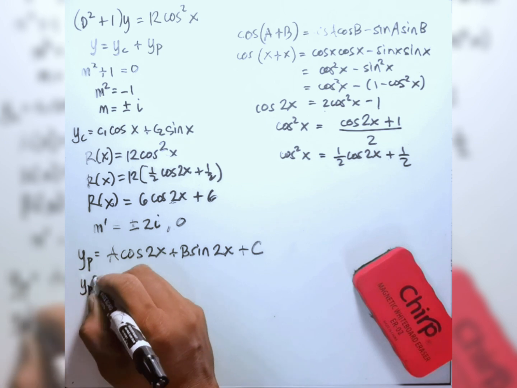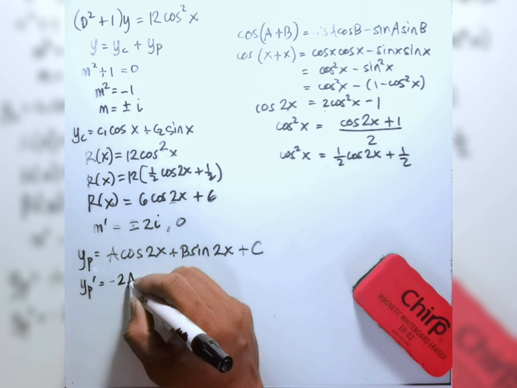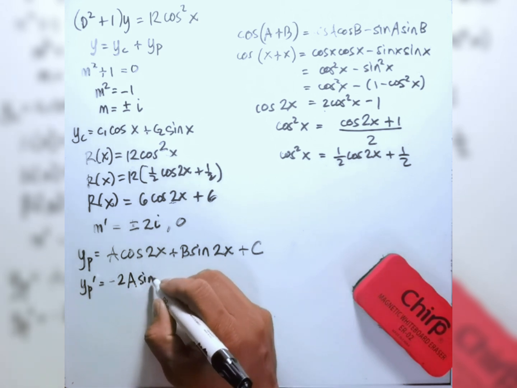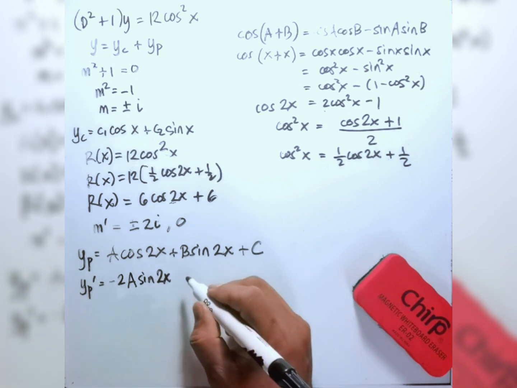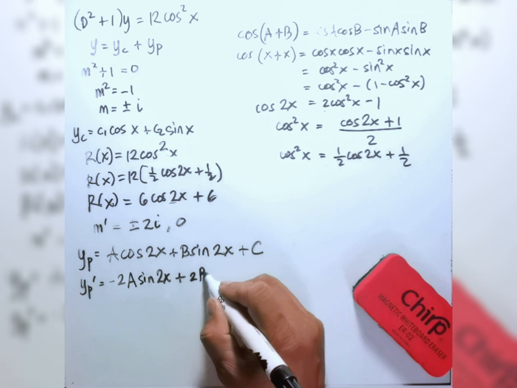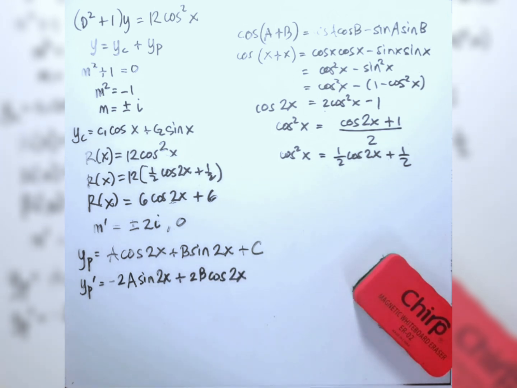So the first derivative is negative 2a, 2 from the coefficient of x, negative sign is for sine of 2x, plus the derivative of this is 2b cosine of 2x plus 0.